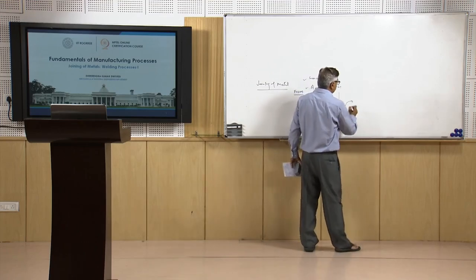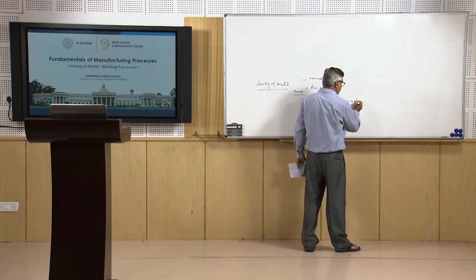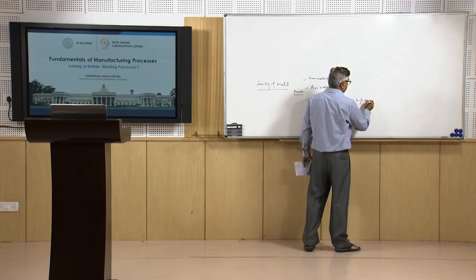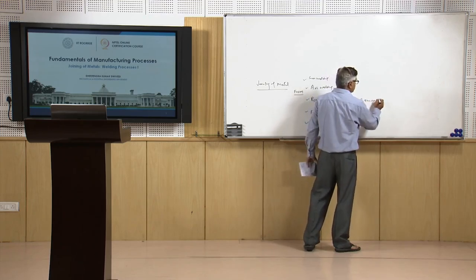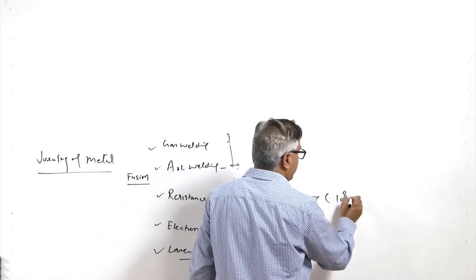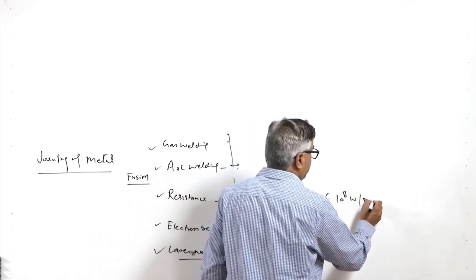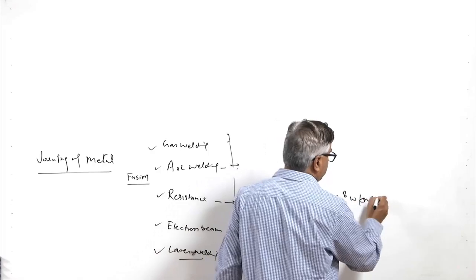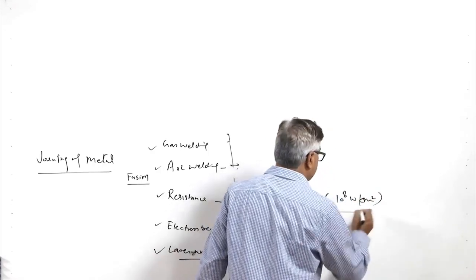Electron beam welding is a much higher energy density process, where an energy density greater than 10 to the power 8 watt per centimeter square is observed.